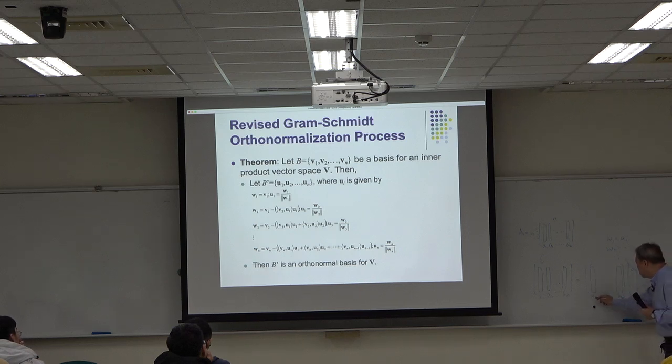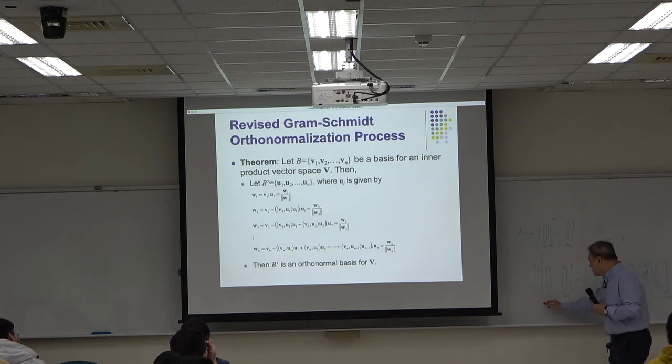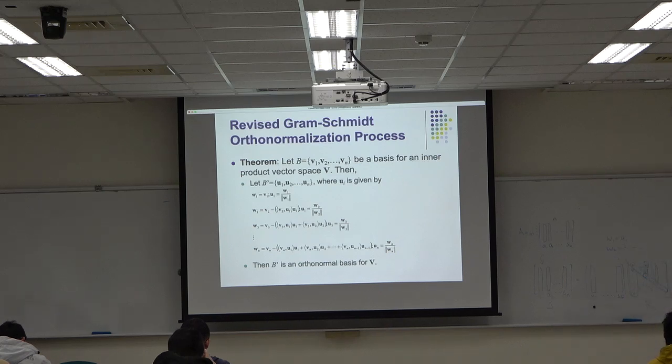So this is your Q, and this is your A. But you may argue that this Q, because it's W1 to Wn, their column vectors are not orthonormal. They are orthogonal only.